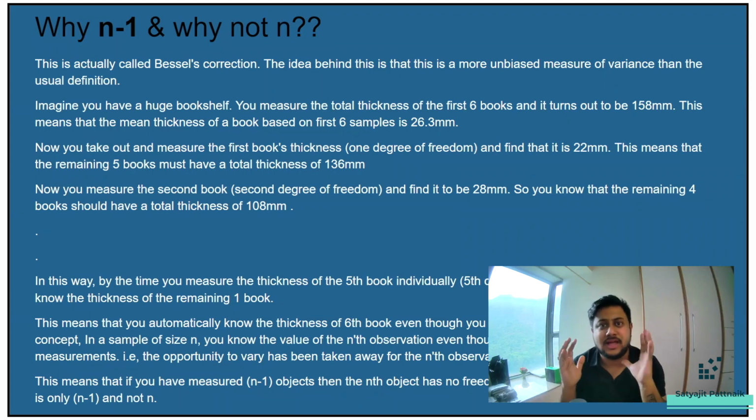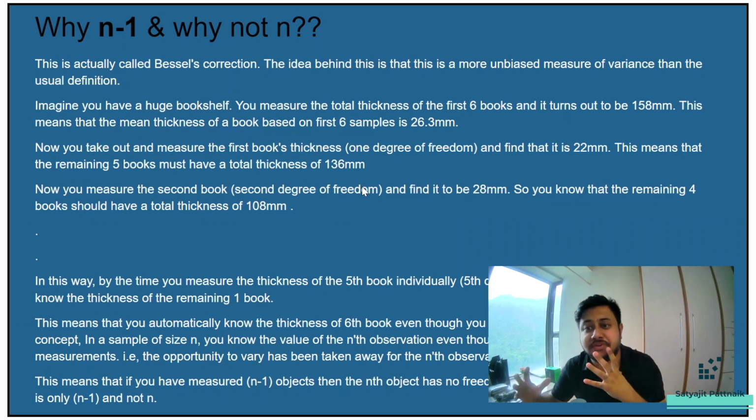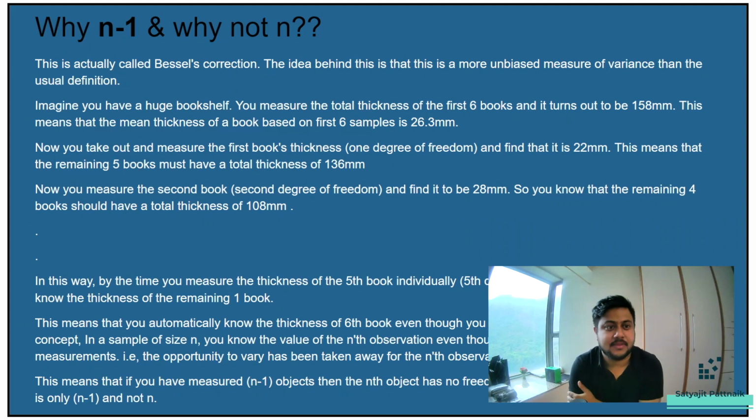Simply imagine you have a bookshelf. We have 6 books in this example, and the total thickness is 158. This means the mean thickness of the book based on the first 6 samples is 26.3 millimeters. Now imagine you take out one book and find that it is 22 millimeters thick.